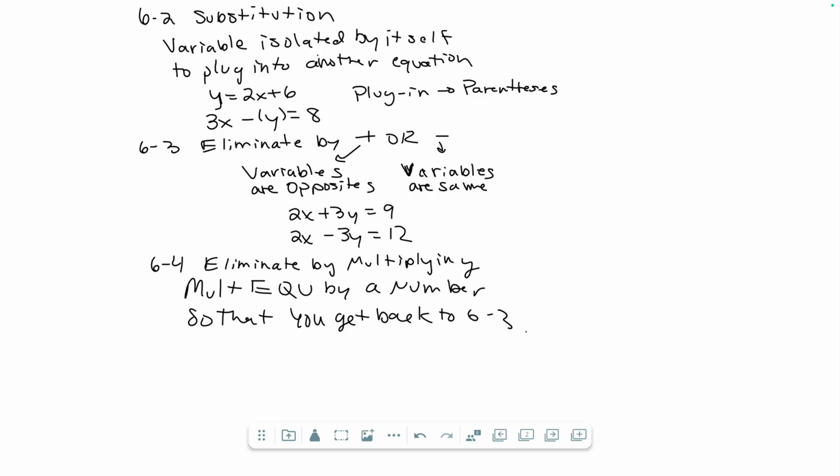Okay, so that's why we did the quiz after 6.3 instead of after 6.4, because I wanted to make sure that you knew how to eliminate by adding and subtracting before adding another step. For the most part, if you are able to do 6.3, 6.4 is pretty straightforward.